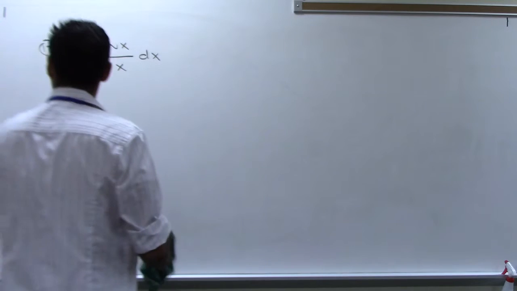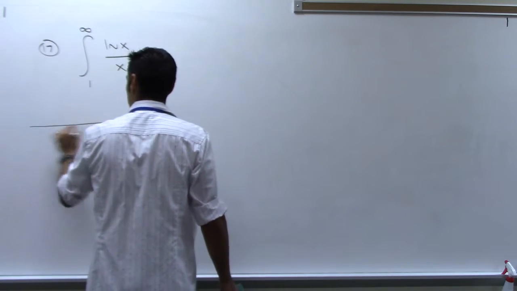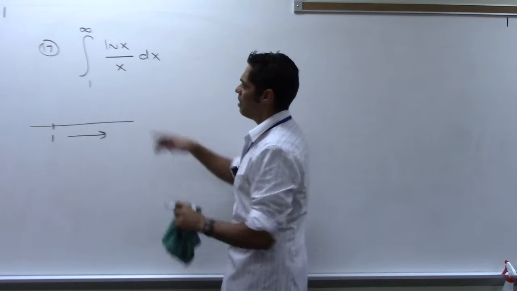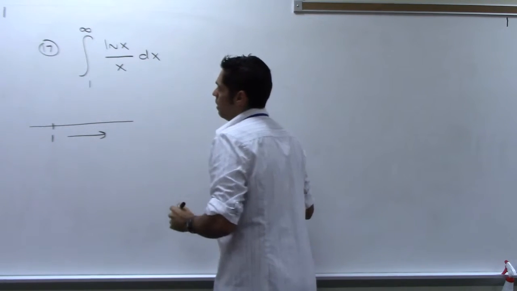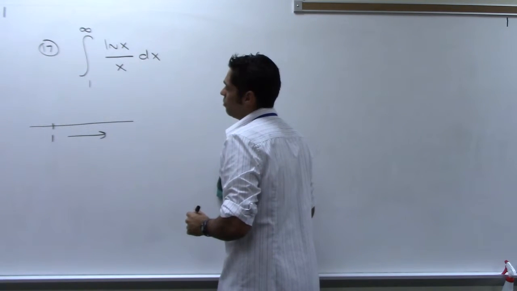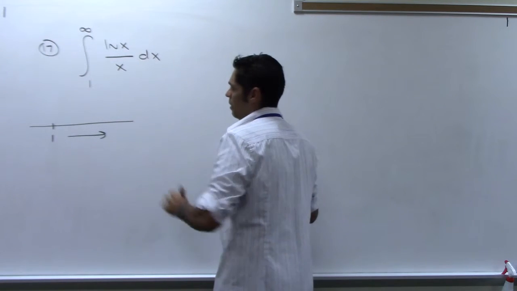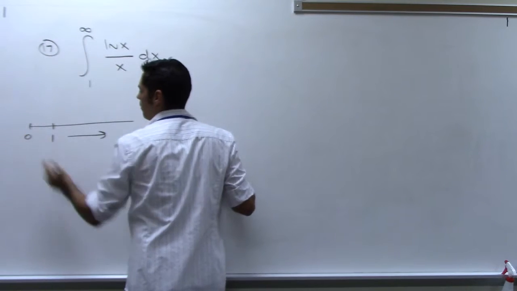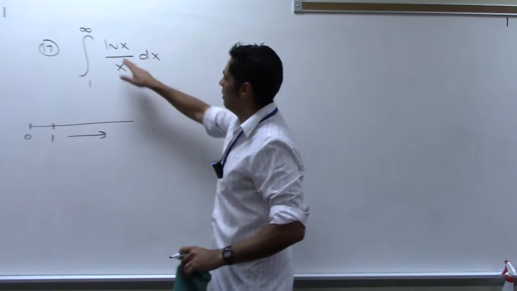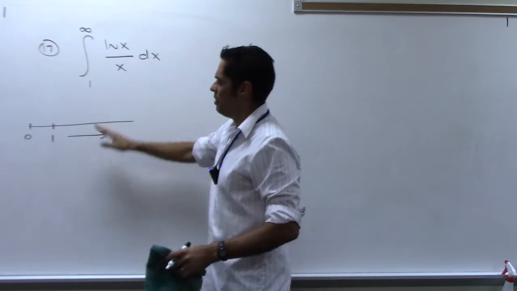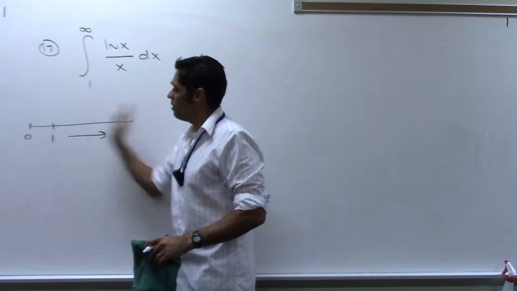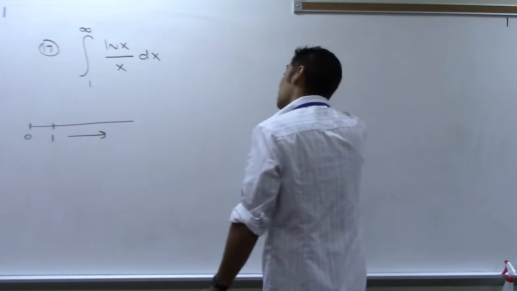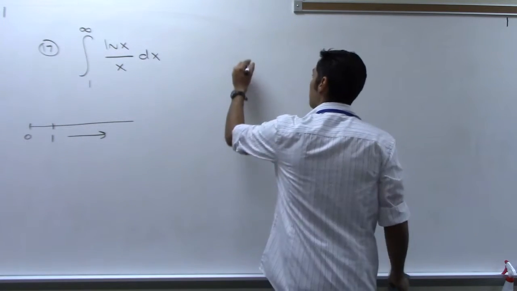Okay, on this one, integrating from 1 out to infinity, the only discontinuity I have is actually at 0, where we get undefined on the bottom. At 1, the top is 0, but the bottom is 1, so that's okay. So from 1 to the right, this thing is defined. We're in good shape. So I need to integrate that thing.